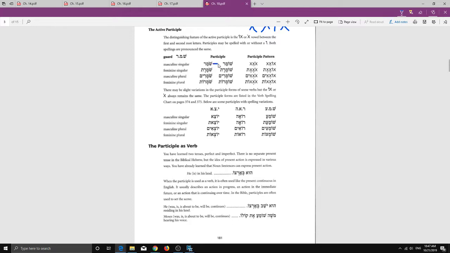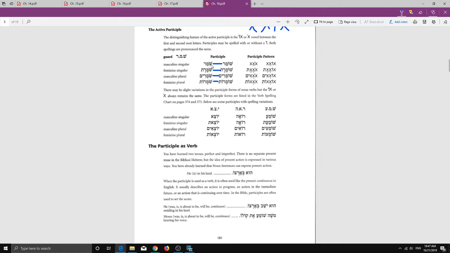Okay. So here we have shomer, shomeret, shomrim, and shomrot. Now notice that O class vowel between the first and second root letters in each of those forms.